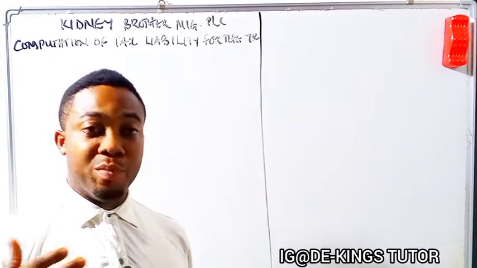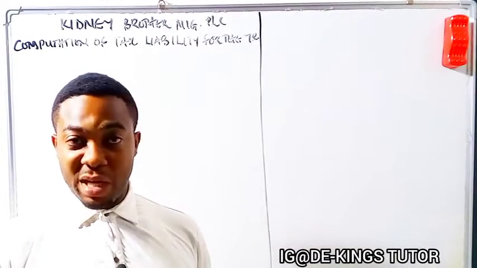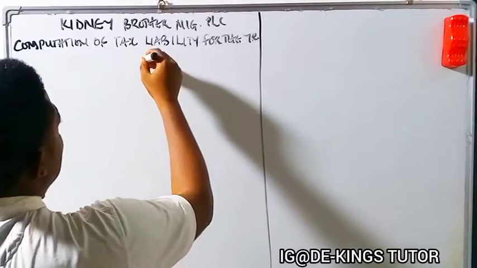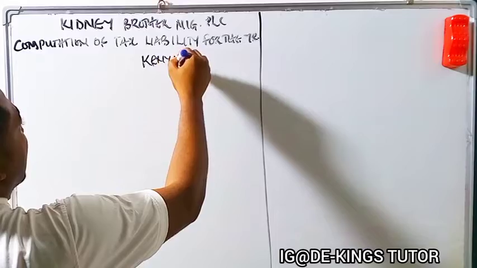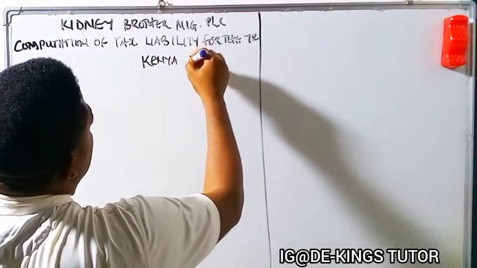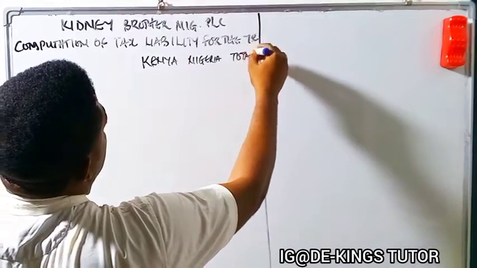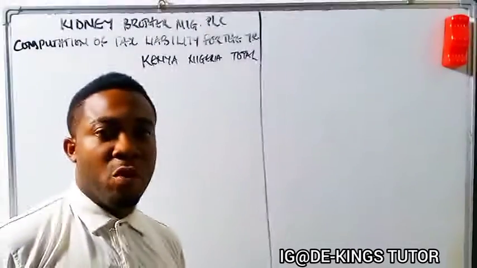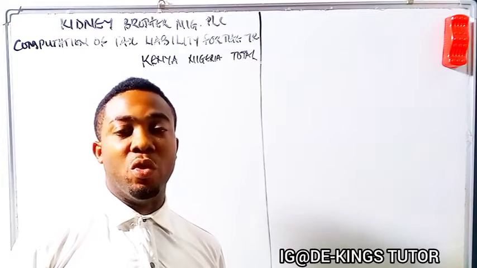Or you can prepare them together the same way the question was, in columnar form. So we have for Kenya and we have for Nigeria and the total.